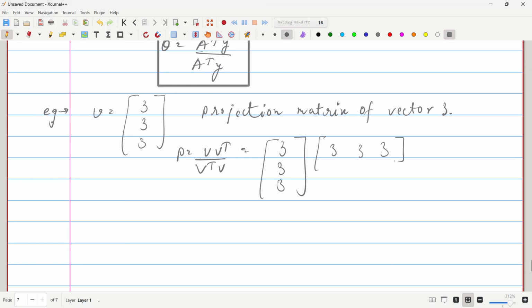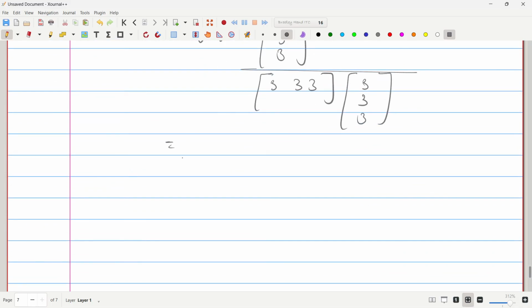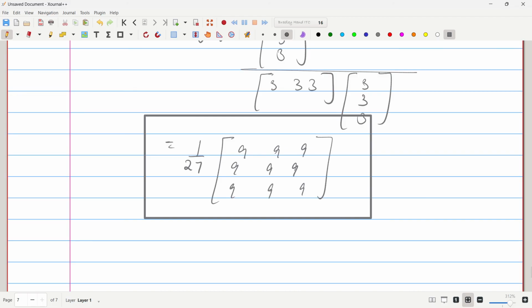You can do the multiplication. So the final answer is 1 by 27 times a matrix of all 9s. This is the projection matrix of the vector.